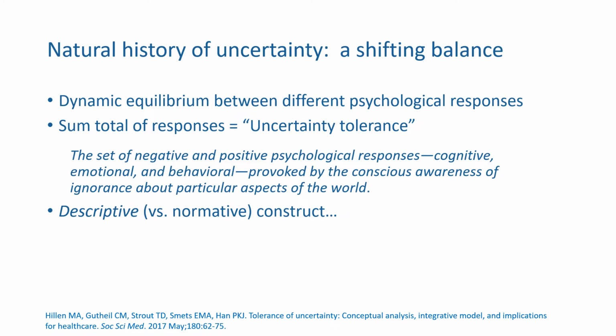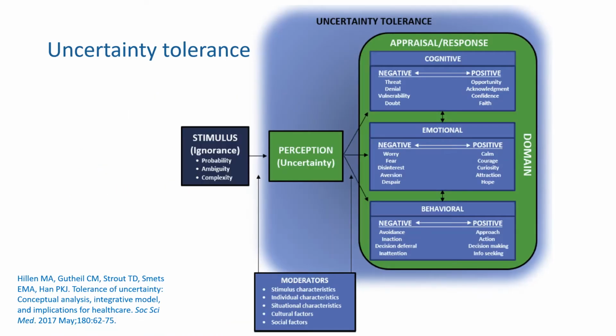The sum total of these responses at any given moment or situation for any given individual is an individual's uncertainty tolerance. This is a descriptive construct. It simply relates what an individual's current balance of negative and positive responses to uncertainty happens to be at a given moment in a given situation. This figure provides a visual depiction of this state of balance between different psychological responses, cognitive, emotional, behavioral, to the perception or experience of uncertainty.